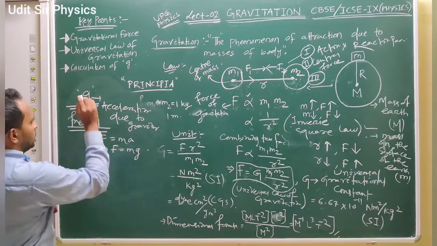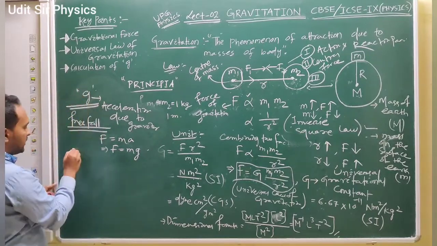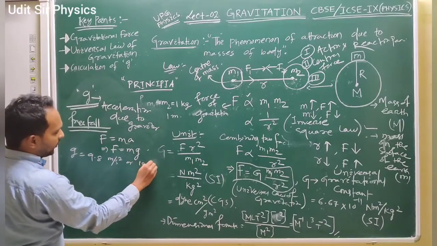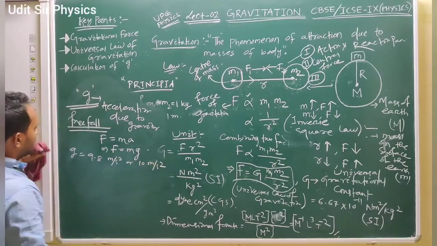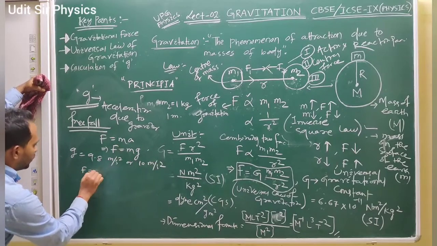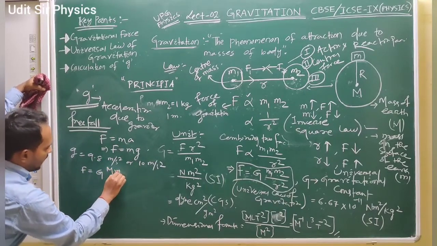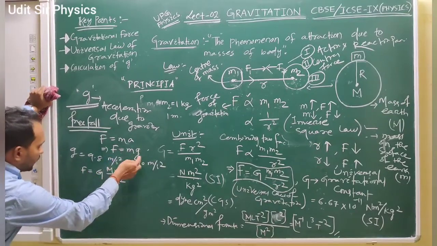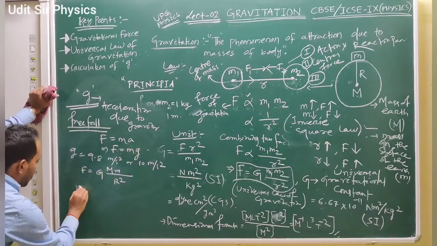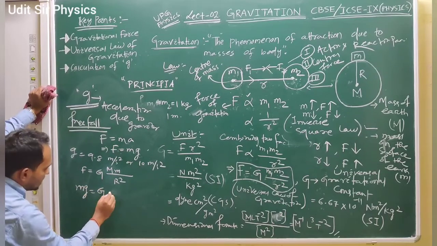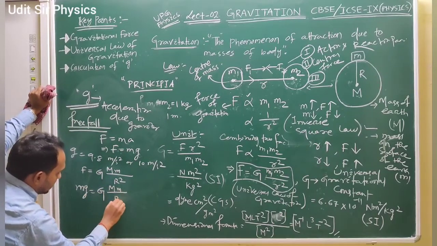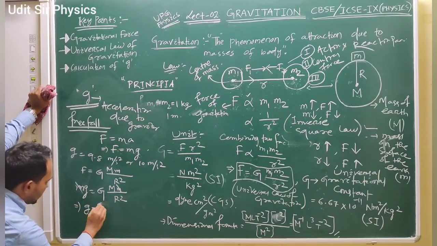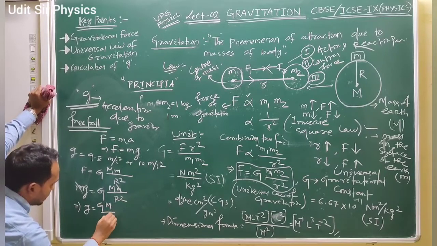Okay, so we know that small g value is 9.8 meter per second square or 10 meter per second square. तो देखो, here F equal to G Mm by r square, where you can put the formula of F, that is mg, equal to capital G Mm by r square. Small m cancels, g equal to capital G M by r square.